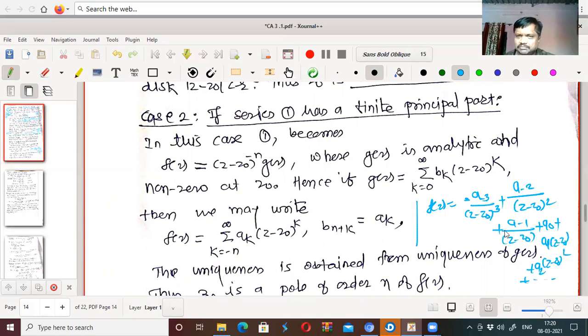If your function is of this type, it means the negative powers are finite. There are 3 terms in the principal part. Suppose there is one more term, or 10 terms are there.